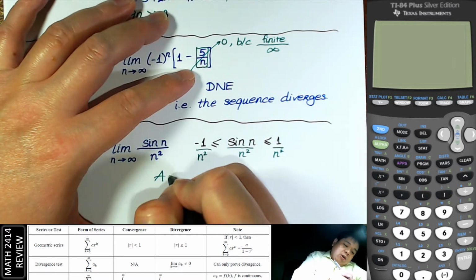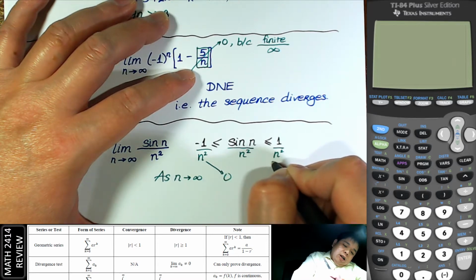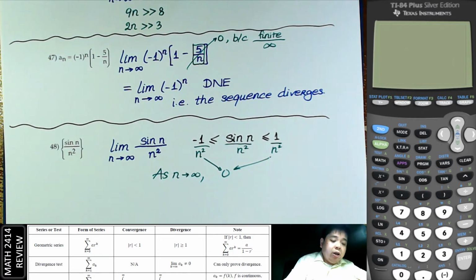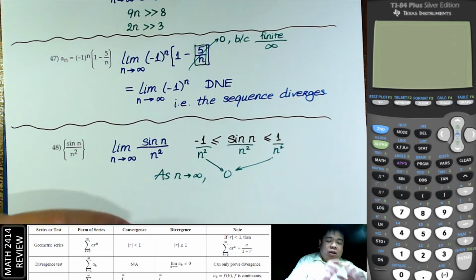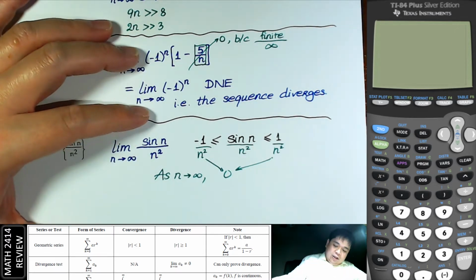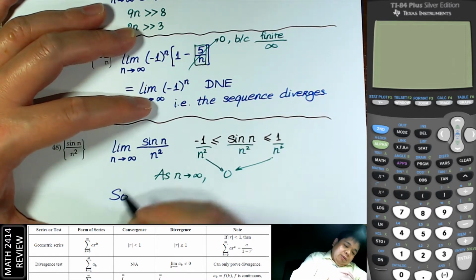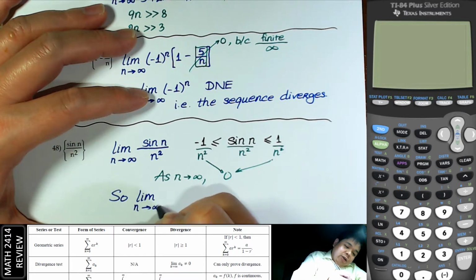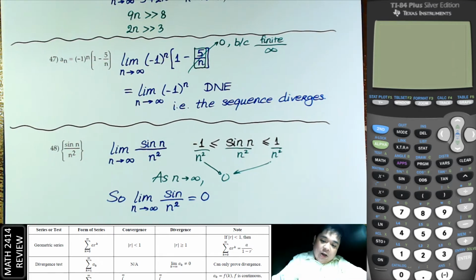So as n goes to infinity, this one goes to 0 and that one as well. So by the squeeze theorem, the middle has to go to 0 as well. So as n goes to infinity, sine of n over n square is equal to 0. That's all we have for that problem.